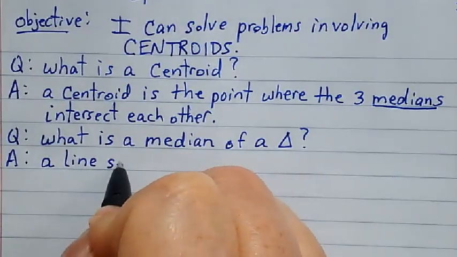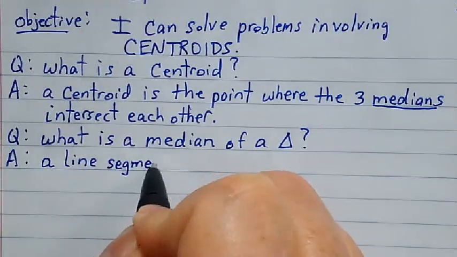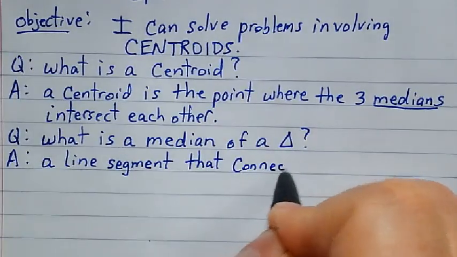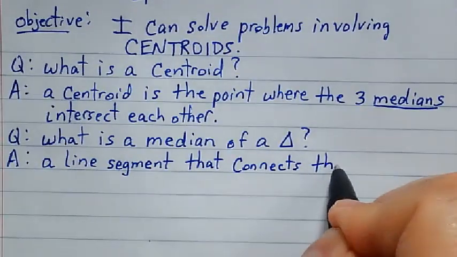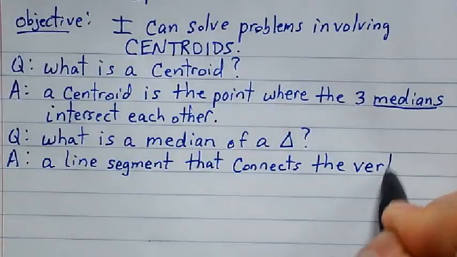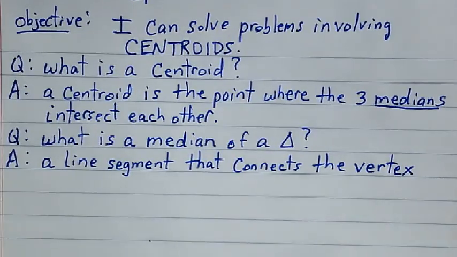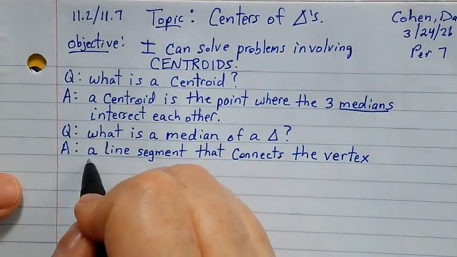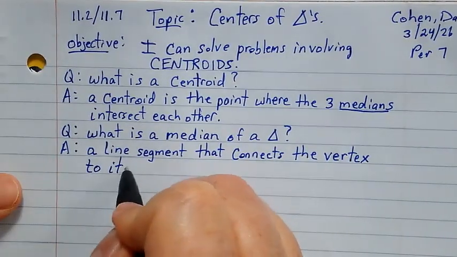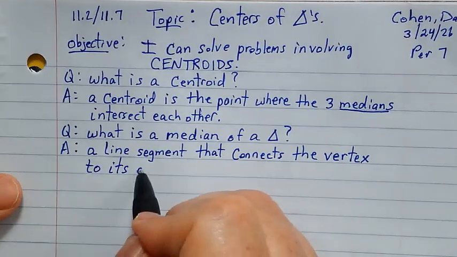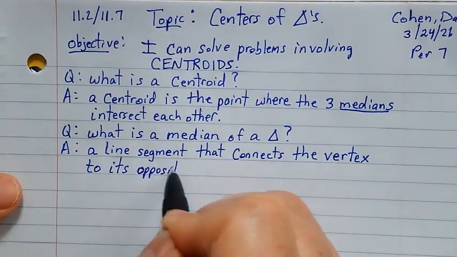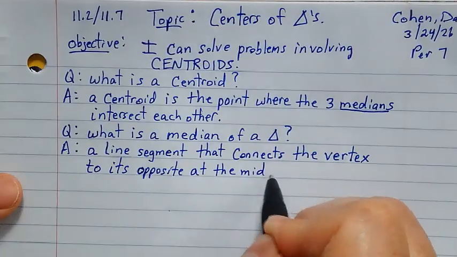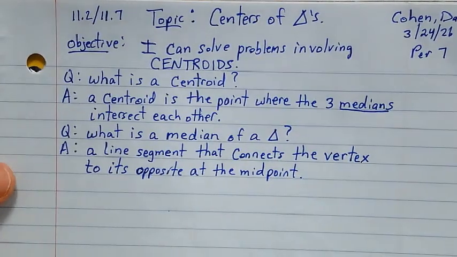a line segment that connects the vertex to the midpoint of the opposite side.